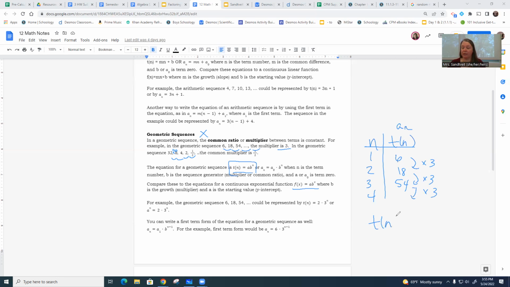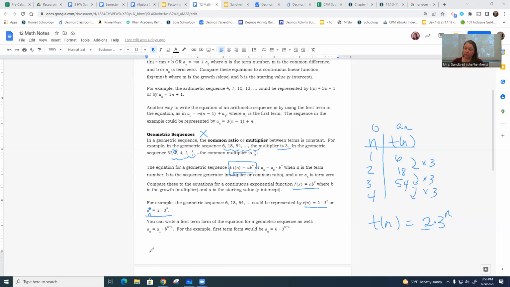So I'd have t of n equals 3 to the n power, but this was my first term. I needed to know what term 0 was. So if I back that up, then this would have been a 2. So 2 times 3 to the n. So that is where they are getting this rule here. You could rewrite the same thing and use that a sub n notation instead. This should be a subscript, not a power. A sub n equals 2 times 3 to the n.